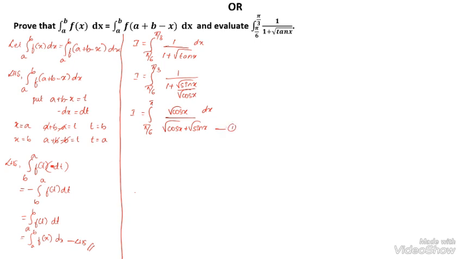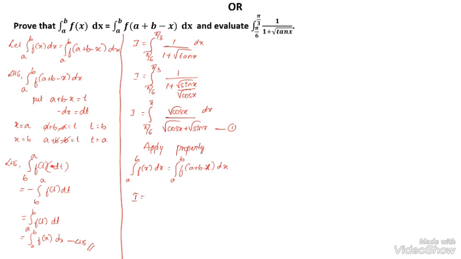Now apply the property: the integral from a to b of f of x dx equals the integral from a to b of f of (a plus b minus x) dx. I can change x to a plus b minus x here.